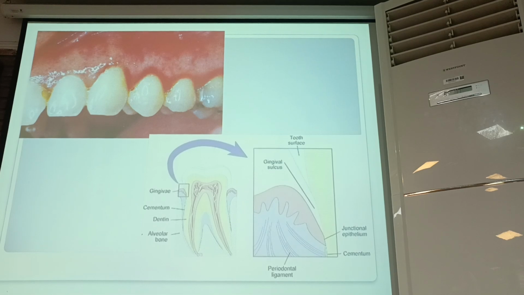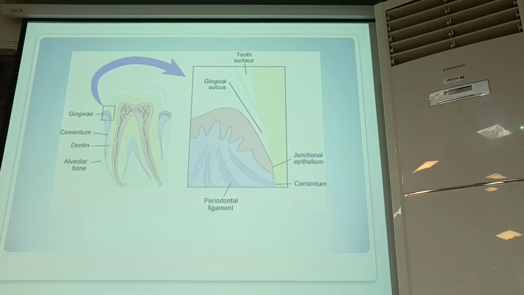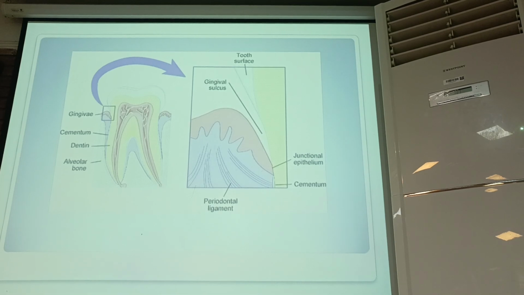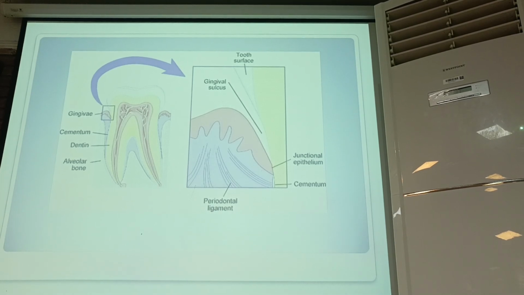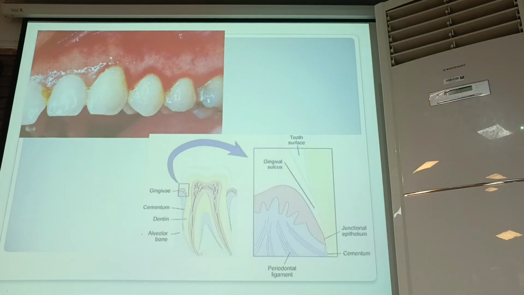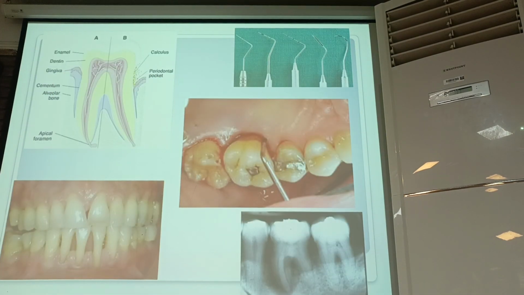If the oral hygiene does not become optimal, the disease would progress to a more advanced disease that we name periodontitis. This situation involves, for example, the bone. So after a while, the bone would be lost.